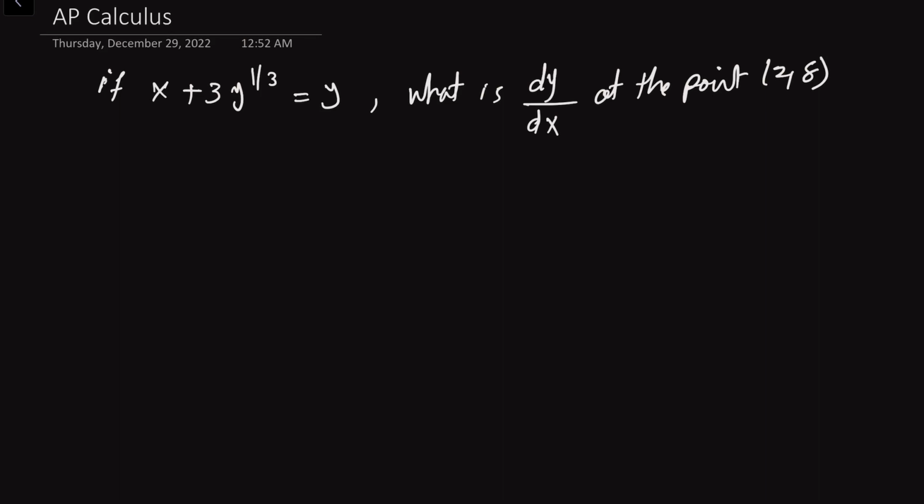So the first thing we're going to do is differentiate the equation with respect to x. So we're going to say d over dx of x plus (3y) to the 1/3 equals dy over dx.